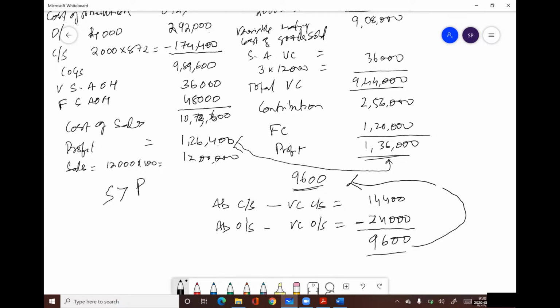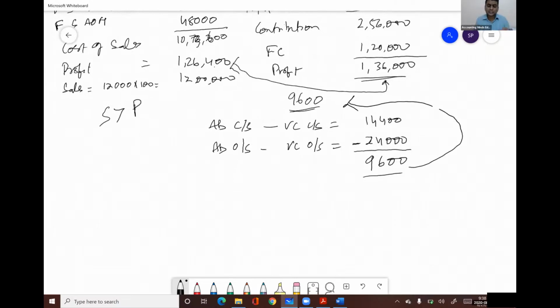Now the question is why there is a difference in the closing stock and opening stock. What is the opening stock? Opening stock is 4,000 units into fixed manufacturing overhead 24,000, and what is the difference in closing stock? 2,000 into what?